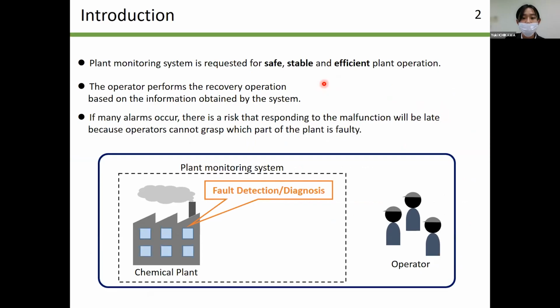The operator performs the recovery operation based on the information obtained by the system. However, if many alarms occur, there is a risk that responding to the malfunction will be late because operators cannot grasp which part of the plant is faulty.